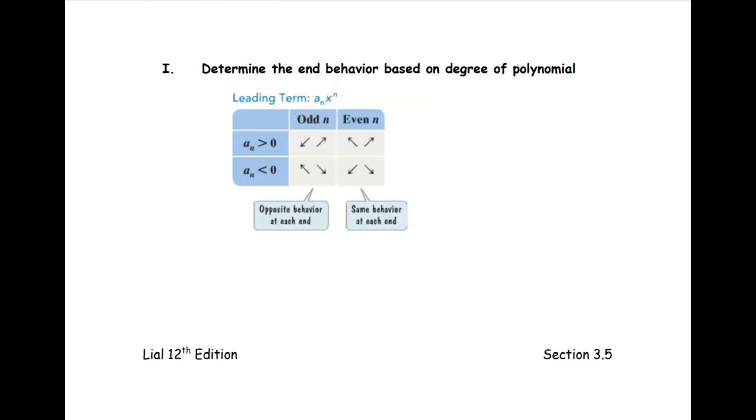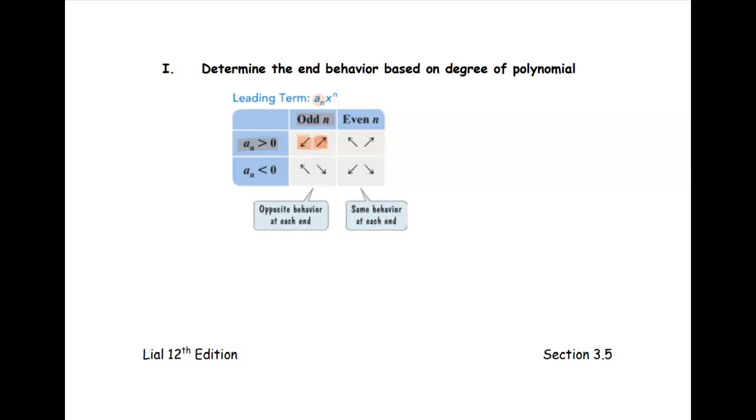First, look at the coefficient of the leading term, a sub n. If a sub n is positive, that is, greater than 0, the end behavior of the function is going to look like this if n is odd. If n is odd, the left end tail of the function goes down and the right end tail goes up.